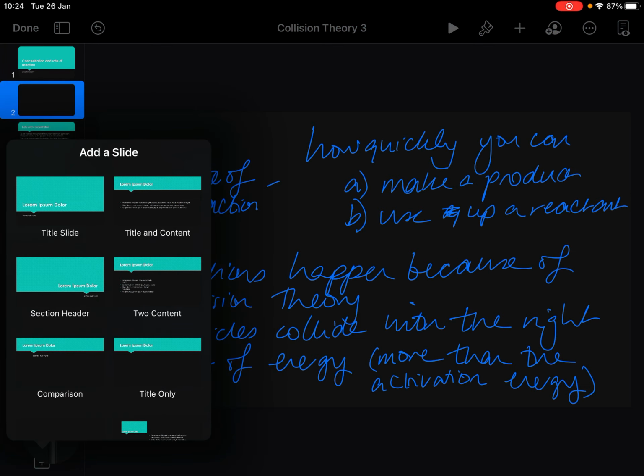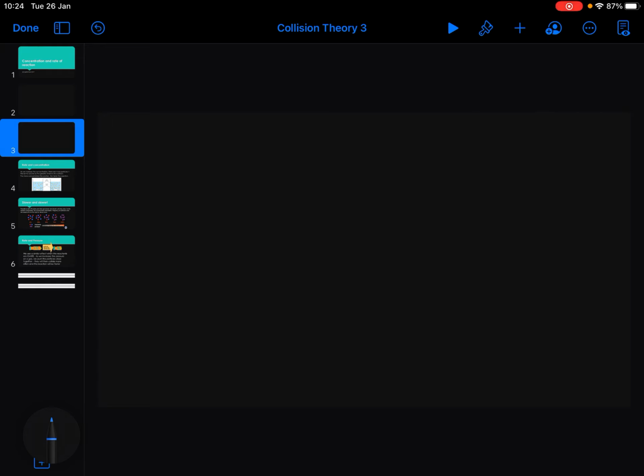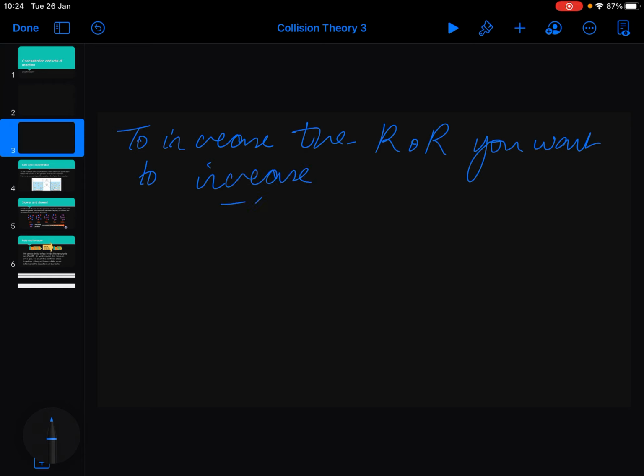Let's have another slide, shall we? To increase R of R, that's rate of reaction, you know what it means, I'm too lazy to write it. You want to increase the frequency with which particles collide.